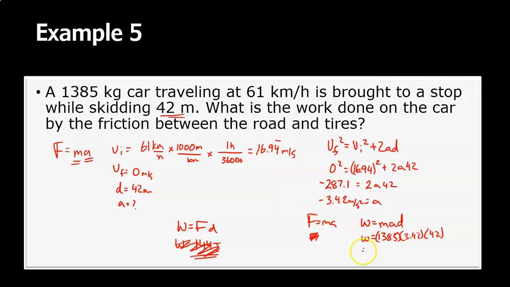That gets you work done being 1.99 times 10 to the 5 joules. Quite a bit bigger than what I had over there. My mistake. Almost forgot the mass of F equals ma.